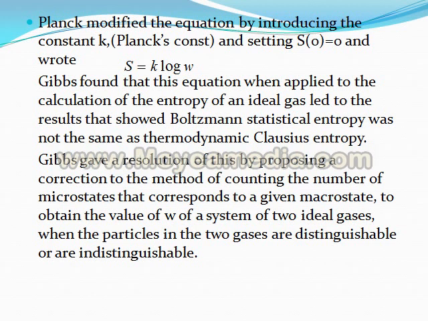Gibbs gave a resolution of this by proposing a correction to the method of counting the number of microstates that corresponds to a given macrostate to obtain the value of W of a system of two ideal gases when the particles in the two gases are distinguishable or are indistinguishable.